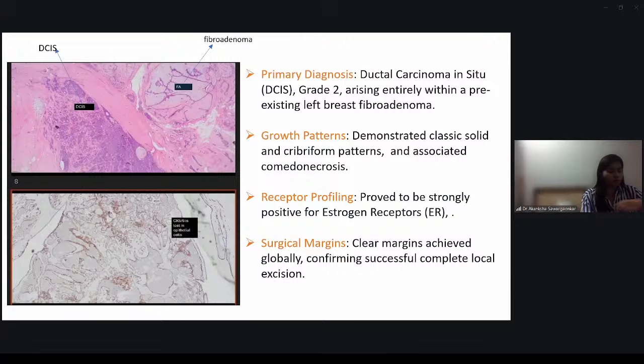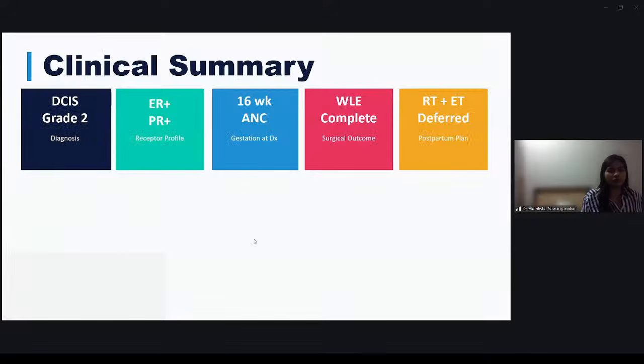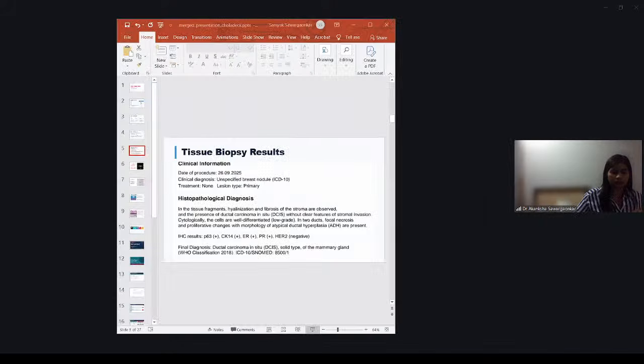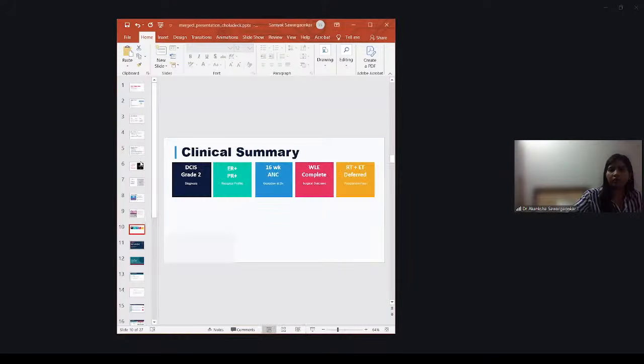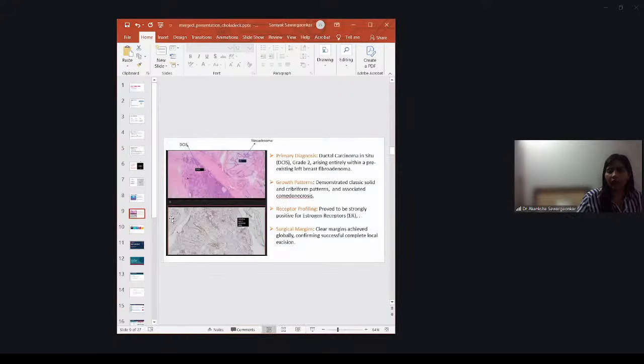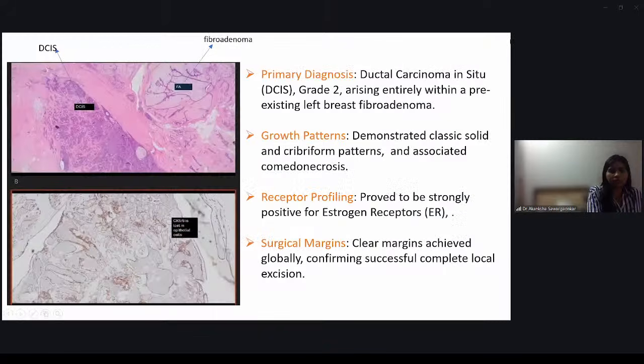These are two slides which showed the... I'll get back to my slide now. This is the DCIS component we can see here, and this is the fibroadenoma component.